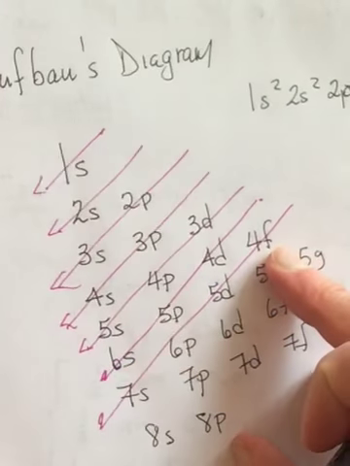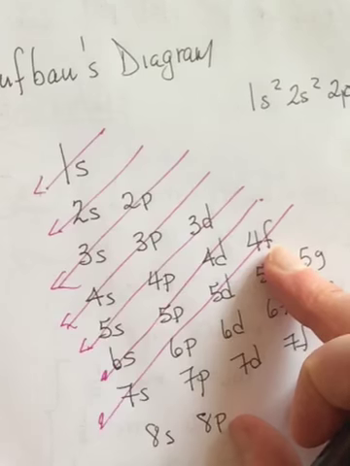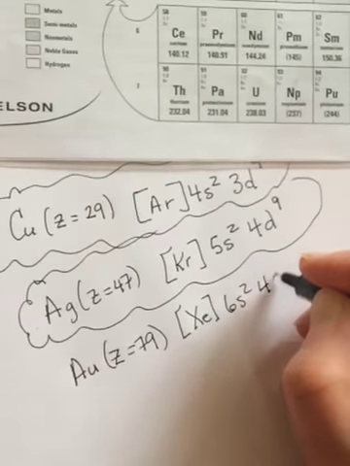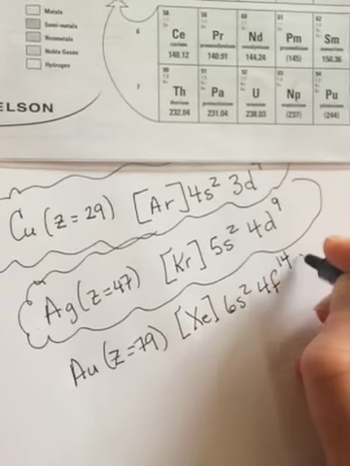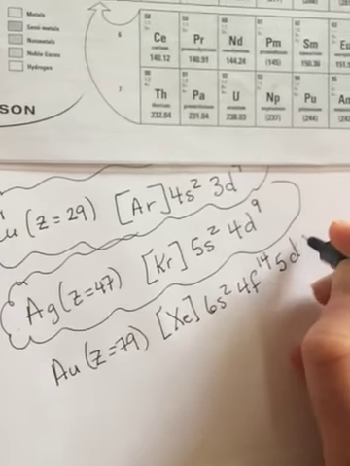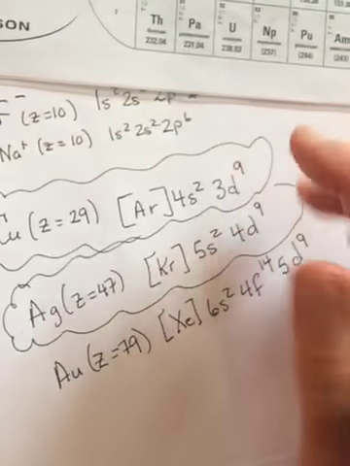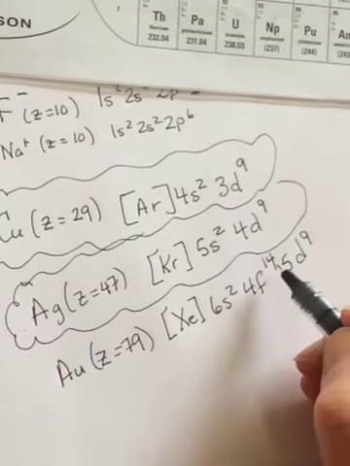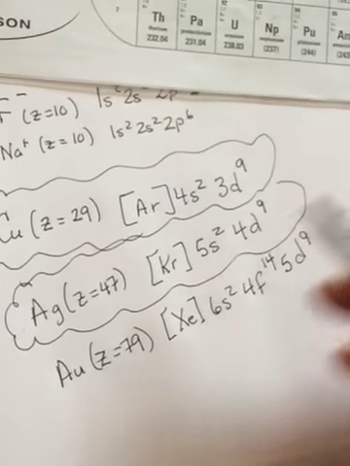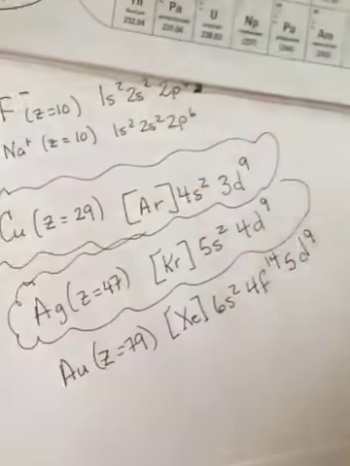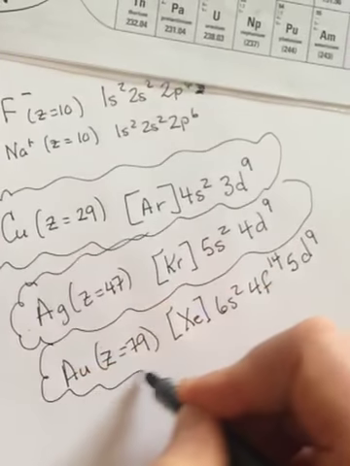What comes after 6s2? 4f14, and then 5d. My money's going to be on 9 because it's in the same row as the other 2, and they were both 9. Add them up. That's 23, 25. Xenon was 54, and that gives me 79.